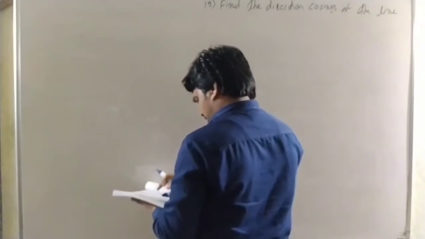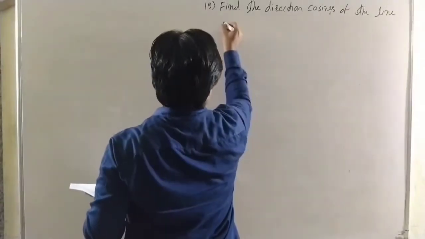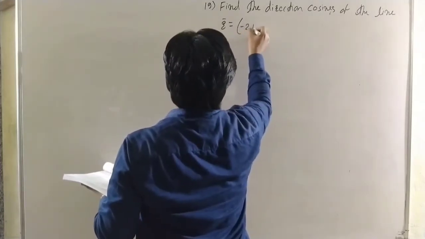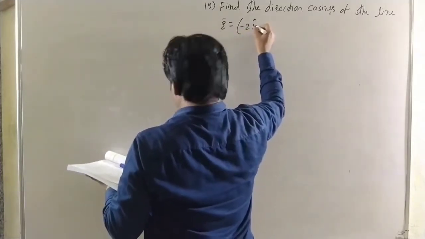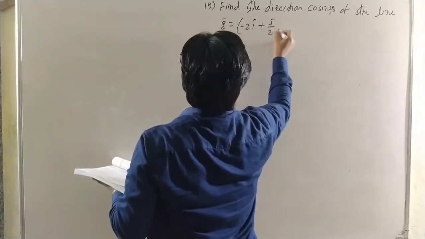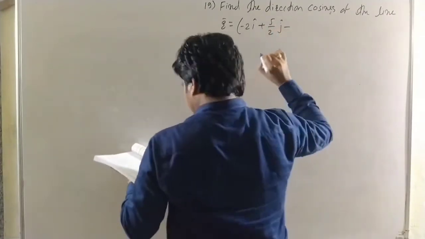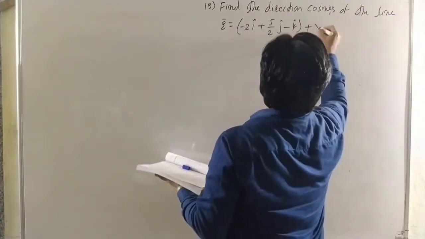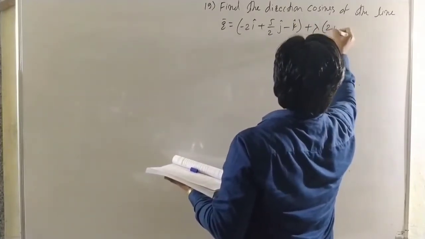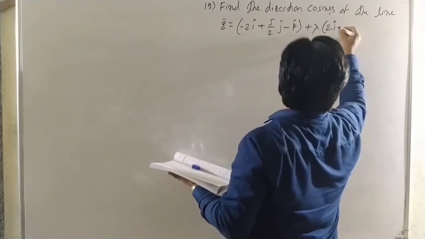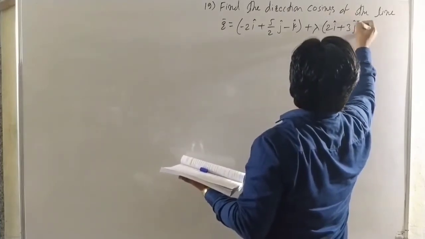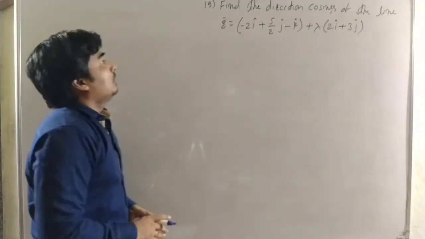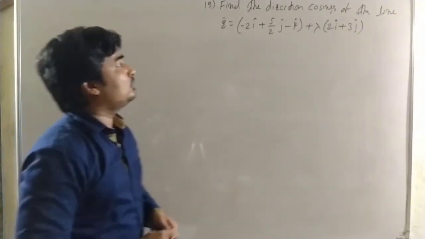Find the direction cosines of the line r bar is equal to minus 2 i cap plus 5 by 2 j cap minus k cap plus lambda into (2 i cap plus 3 j cap). Okay, here the question is to find the direction cosines of the line.